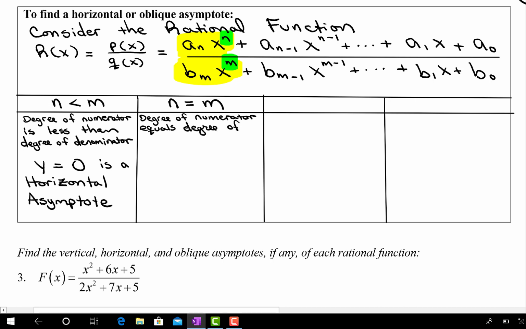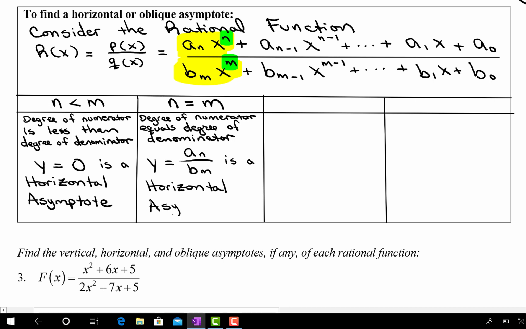So if the degree of our numerator equals the degree of our denominator, then we're going to have a horizontal asymptote at y equal to a sub n over b sub m.